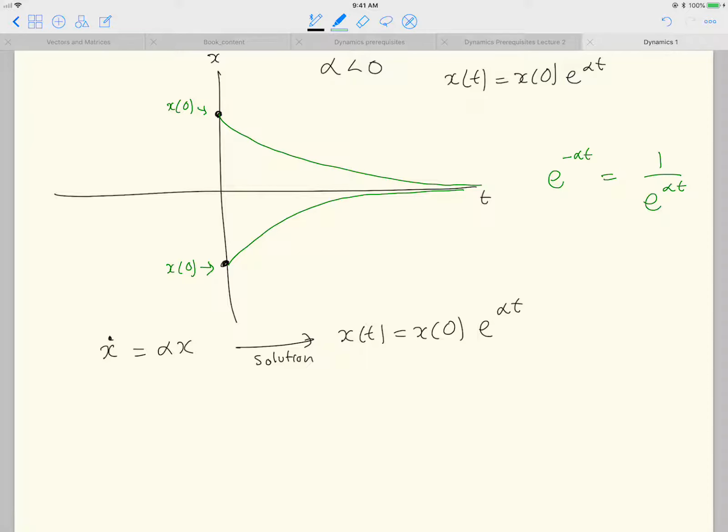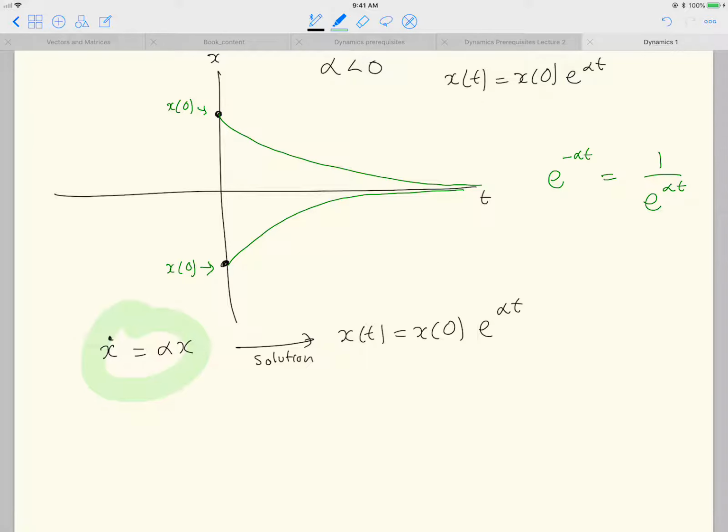If you look at this equation, what does it say? Person with the beard. When x equals 0, how much is x dot? Yeah. That's 0. If this is 0, then that's going to be 0.